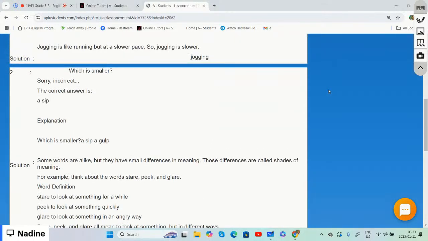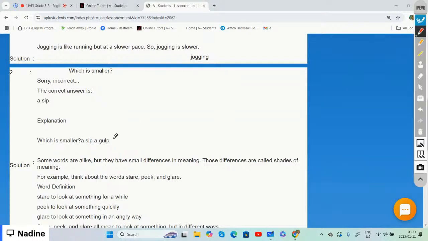All right, so which one is smaller? Is taking a sip smaller or taking a gulp? If you were to take a sip of your cool drink or your soda, or if you take a gulp of your soda. So a sip or a gulp.